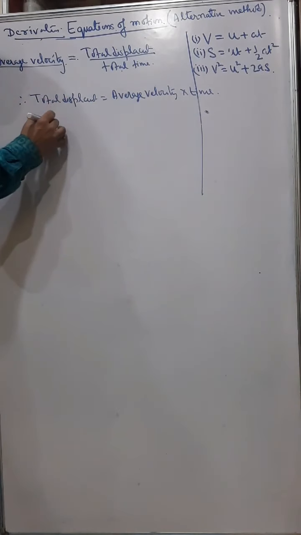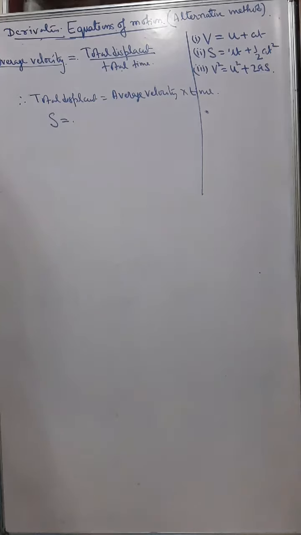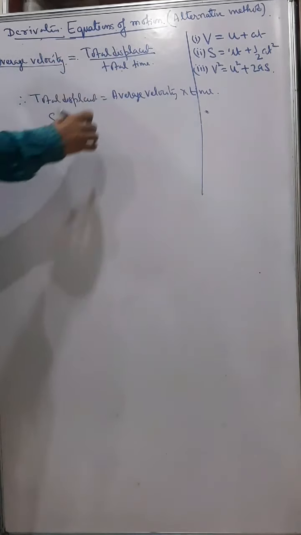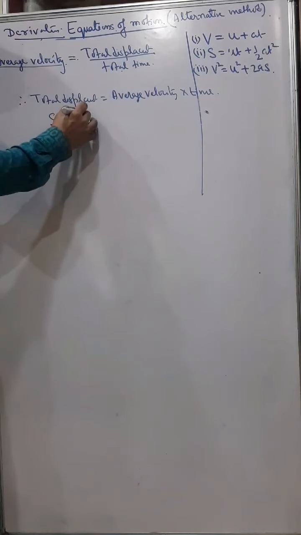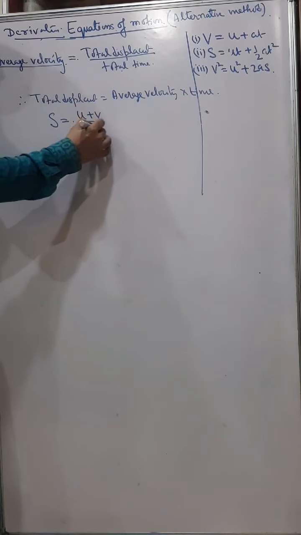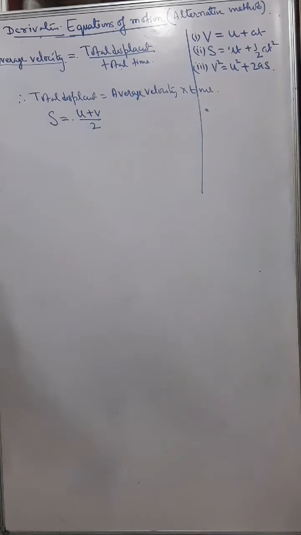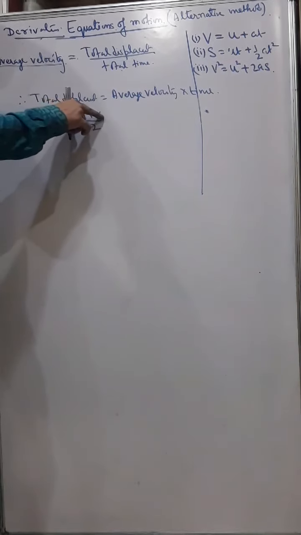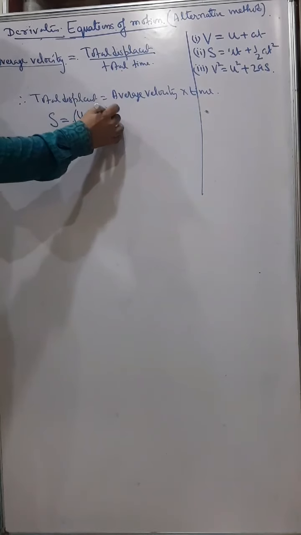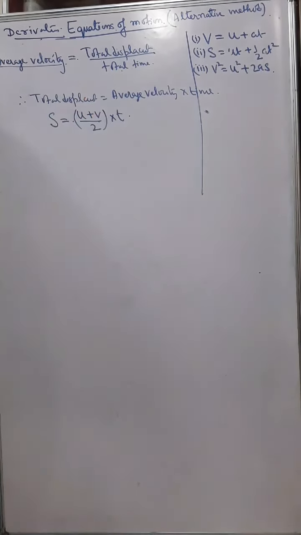Displacement means s, total displacement is s. Average velocity means total displacement by total time. Average velocity also means initial velocity plus final velocity divided by 2. So this is the initial velocity plus final velocity divided by 2, into t.